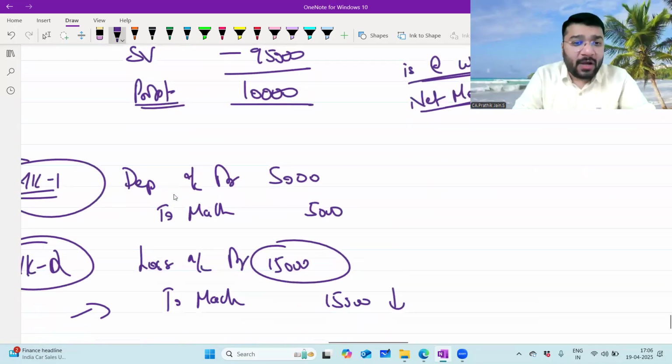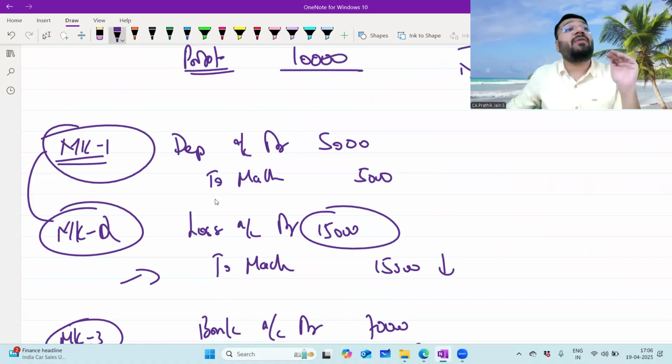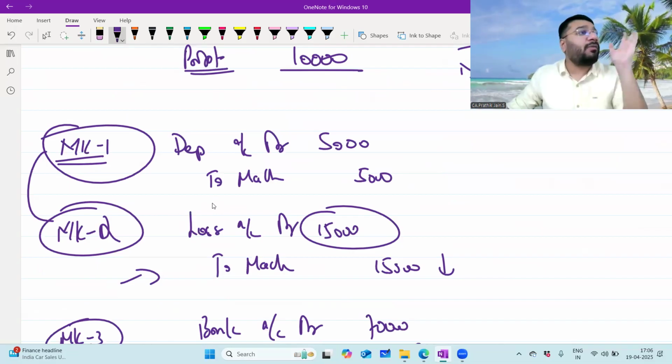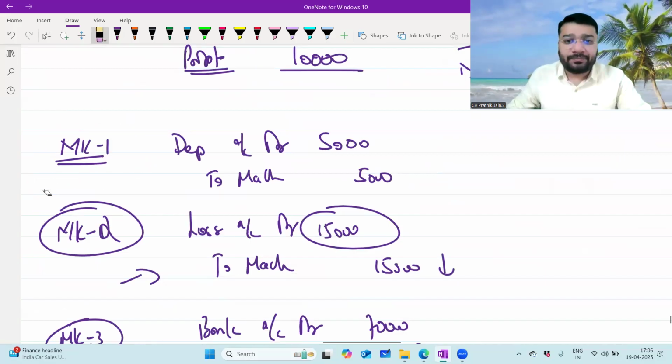No, sir. Now, first entry is what? Depreciation to machinery. Depreciation has the impact of reducing the value of the asset. Loss also has the impact of reducing the value of the asset. So depreciation and loss are always debit. So depreciation account debit to machinery, 5,000. This is my entry 1. Any problem? Please write it down.